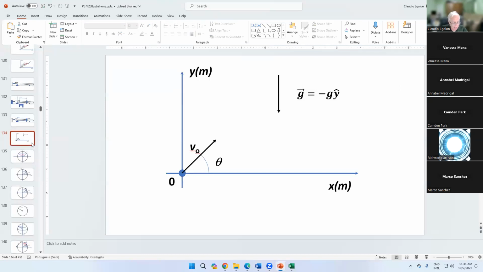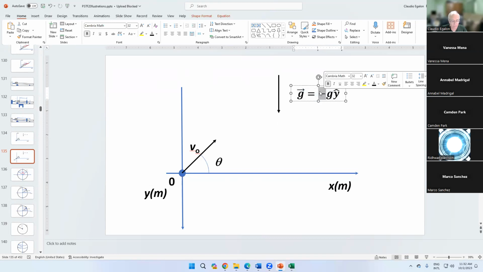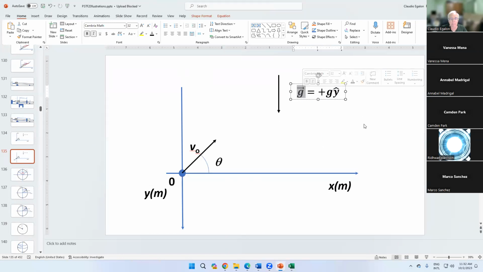It's going to be something like that. If you choose your y-axis to be downwards, right here, then downwards is going to be positive and upwards is going to be negative, right? See that the direction of the y-axis is in the same direction as the acceleration vector, right? So now you have to set up your acceleration of gravity vector as being positive.